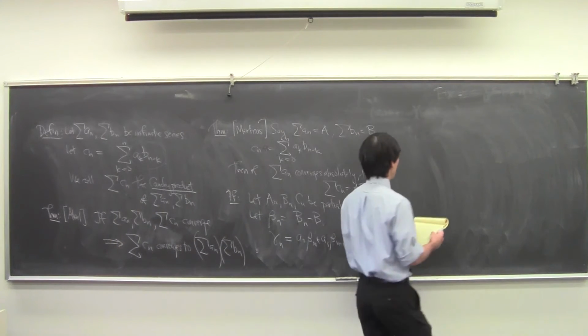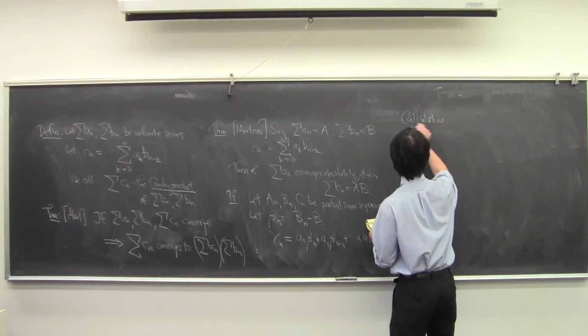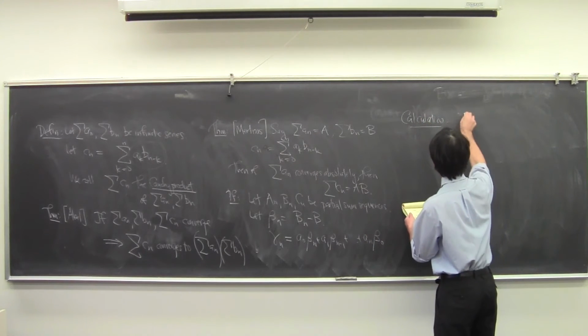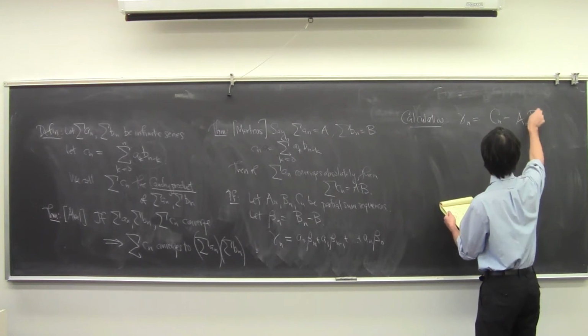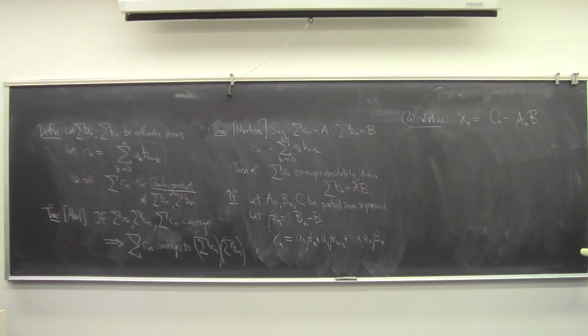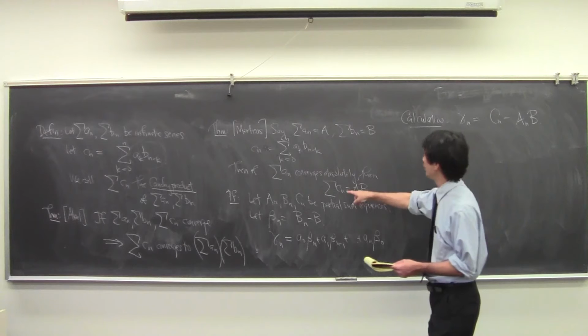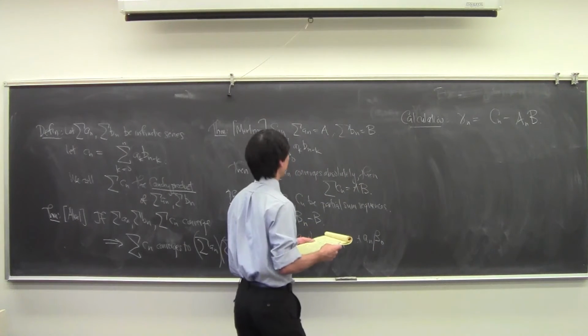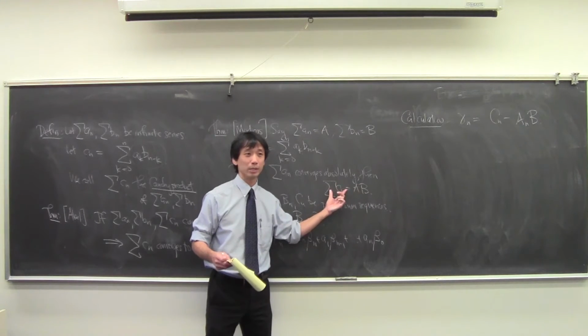Okay, but it's an easy calculation to say that gamma sub n is the difference between C sub n and A sub n times B. Our hope is to show that capital C sub n converges to AB.